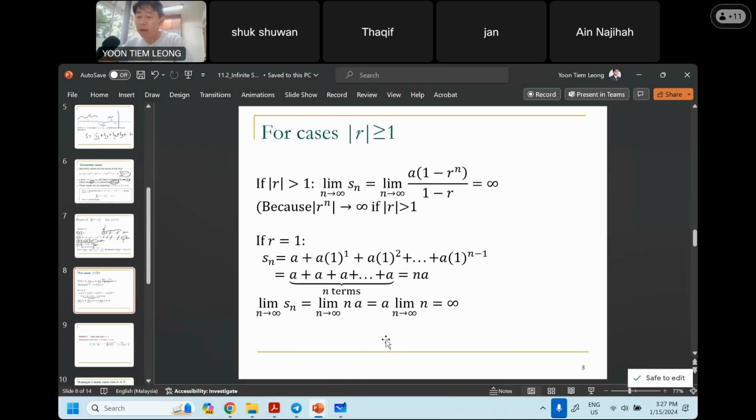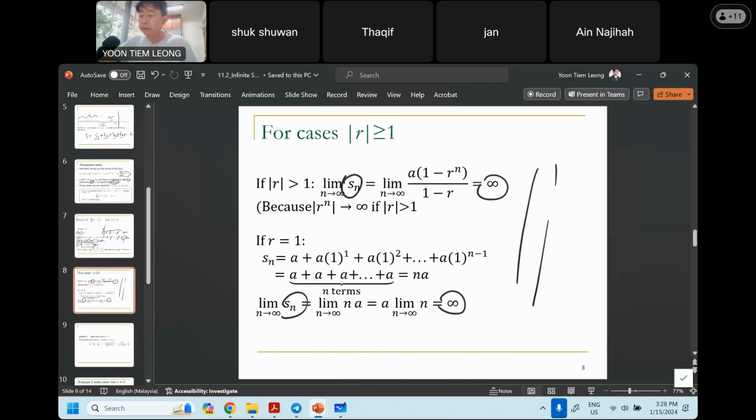But for the case where the magnitude of r is larger than 1, it can be shown that the geometric series actually diverges. The details are explained here, which I'm not going to go into.